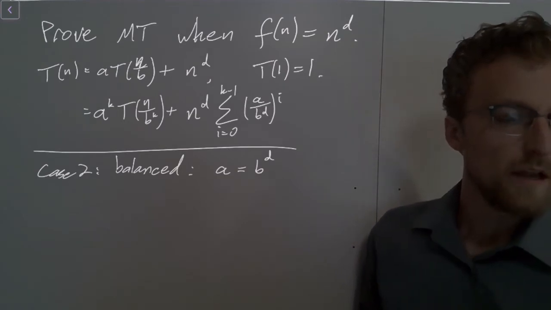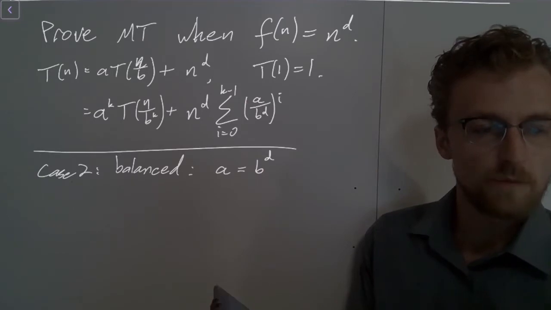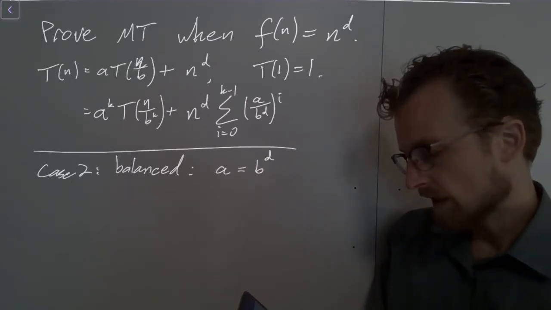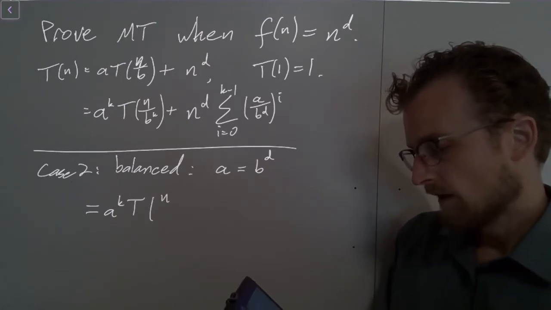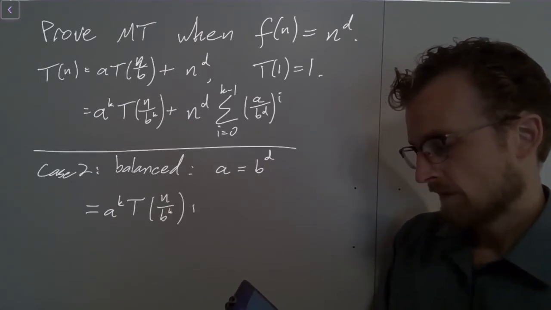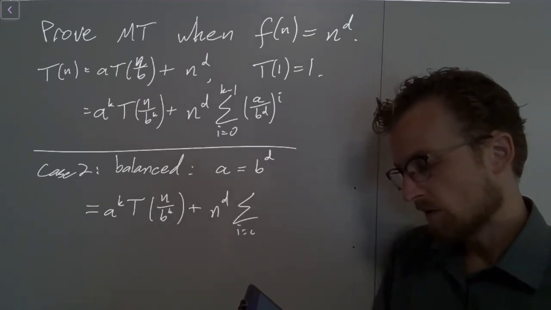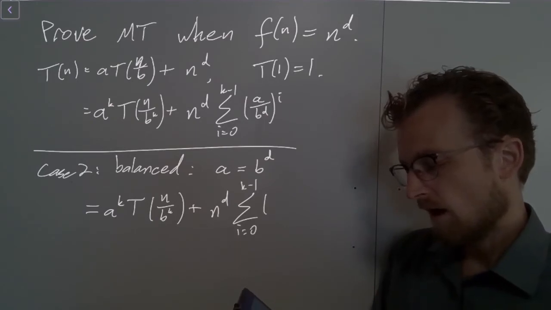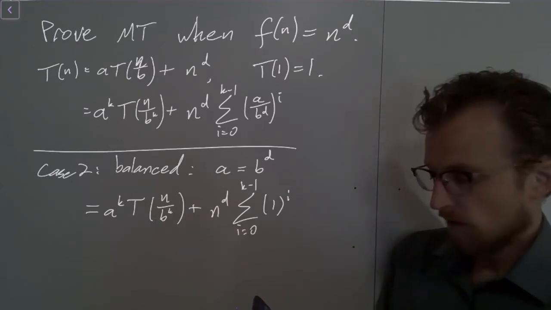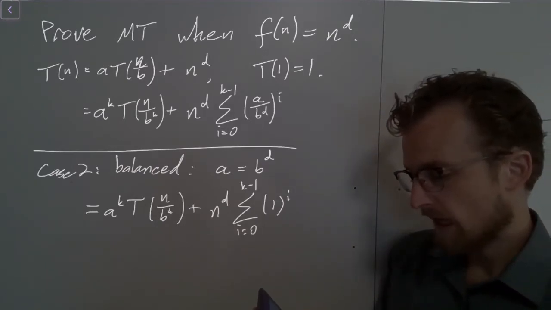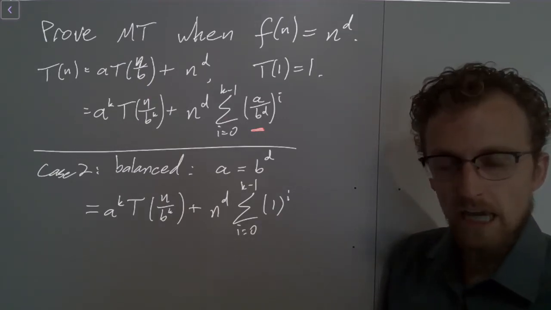So I can rewrite a few things here, but essentially what we end up with is a to the k times t of n over b to the k plus n to the d times the following sum: the sum from i equals 0 to k minus 1 of 1 to the power of i. Why 1? Because a equals b to the d, so in every term of the sum, the a and the b to the d just cancel out.